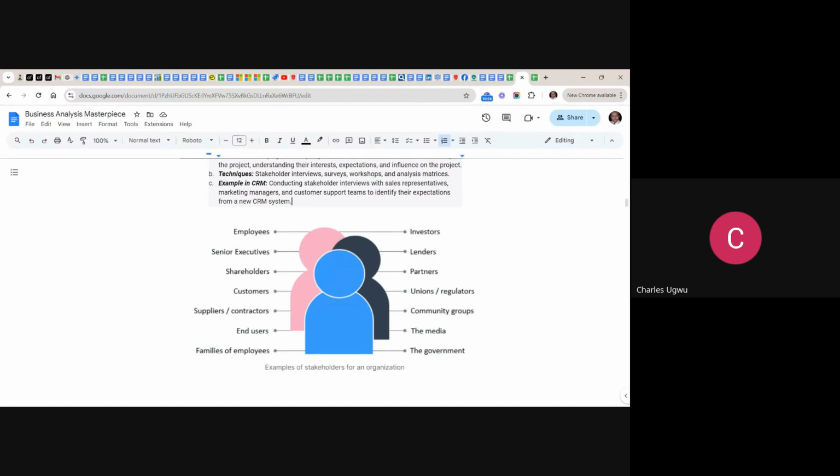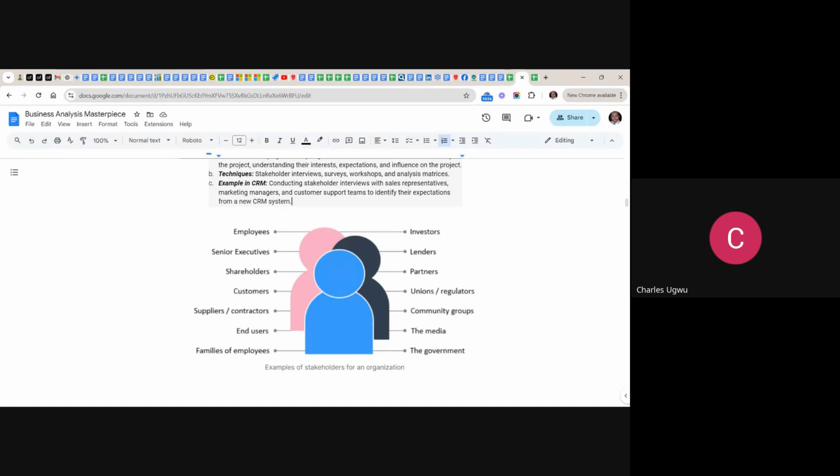If you come to the organization, all the employees are stakeholders because organizational activities affect them in one way or the other. We have senior executives, shareholders, customers, suppliers and contractors, end users of products, and family of employees like wives and children, they are stakeholders as well.